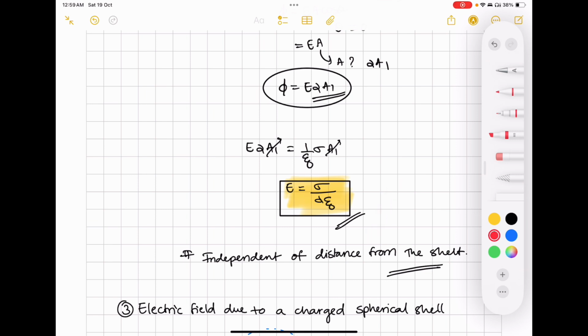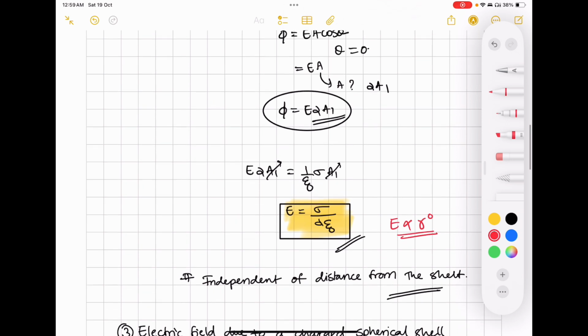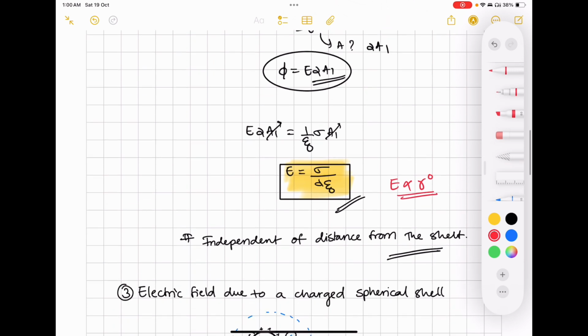So here we have observed that the electric field is independent of the distance from the sheet. Electric field is constant and it is independent of the distance from the sheet of charge.